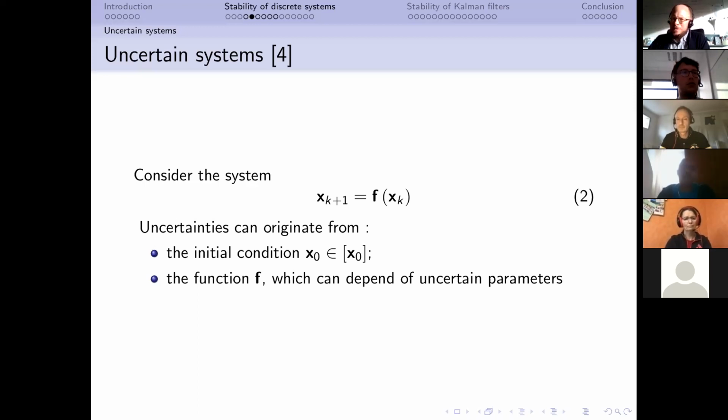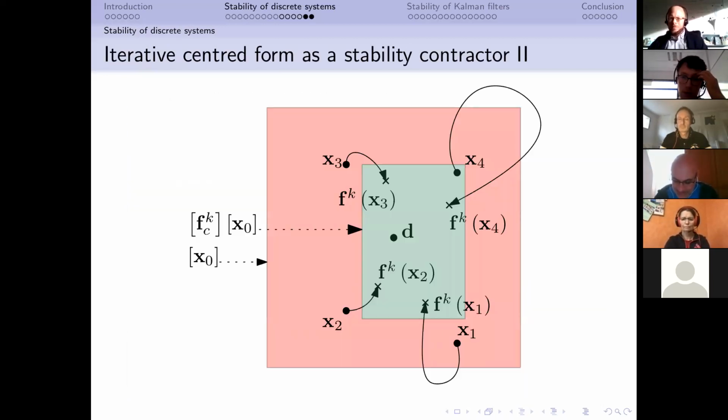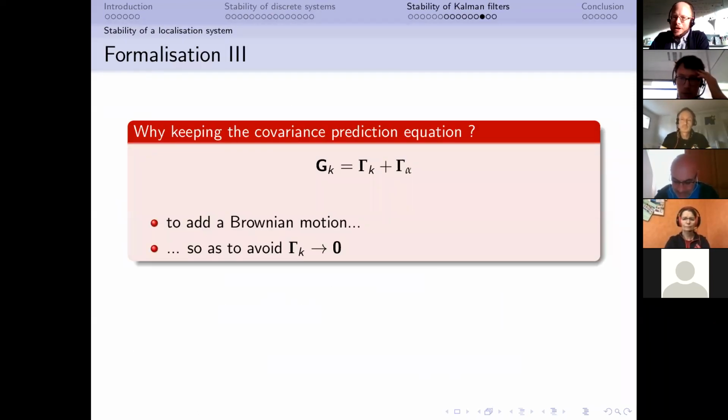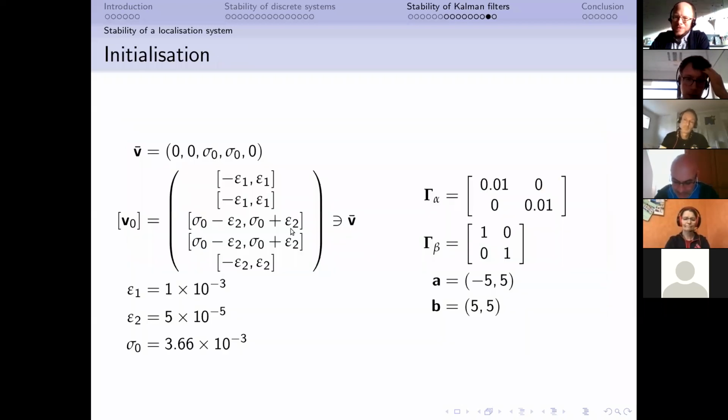Well, I didn't think of that application, but that could be, yes, a good idea. Because if you go back to how I chose my parameters, yes, you did intelligent guessing. Well, I did intelligent guessing for the initial neighborhood, but for the process and measurement noise, I took the measurement noise so that it could correspond to an actual sensor.